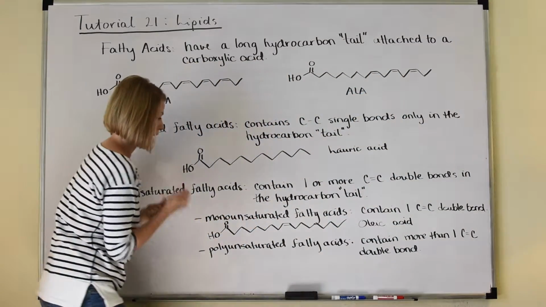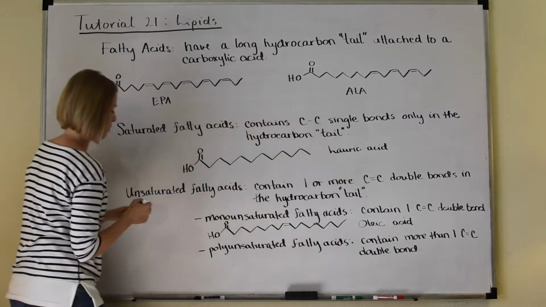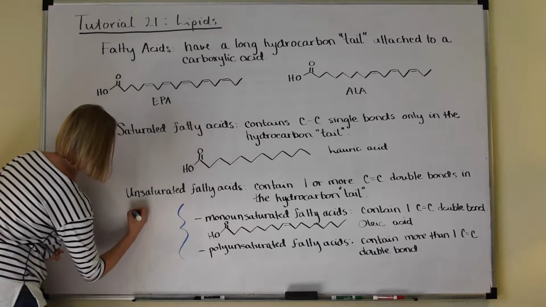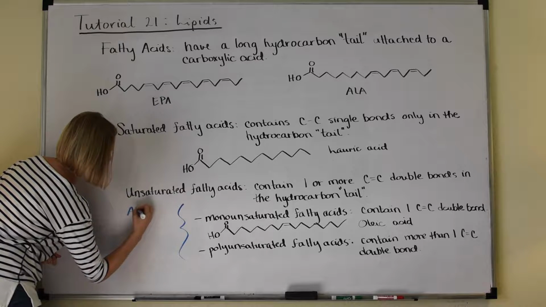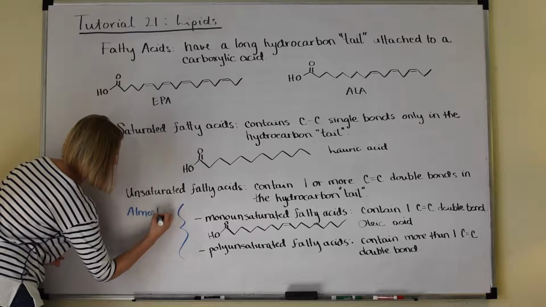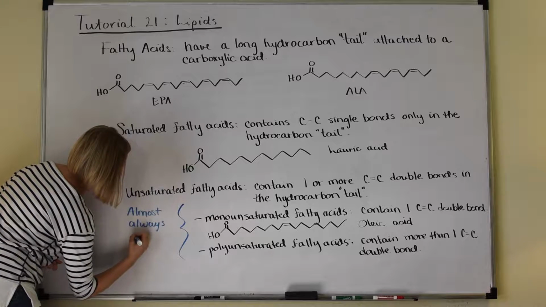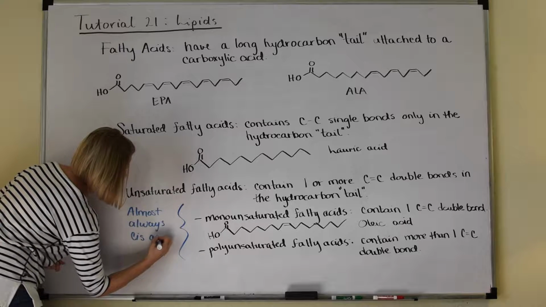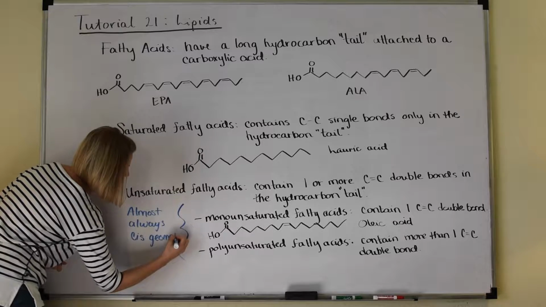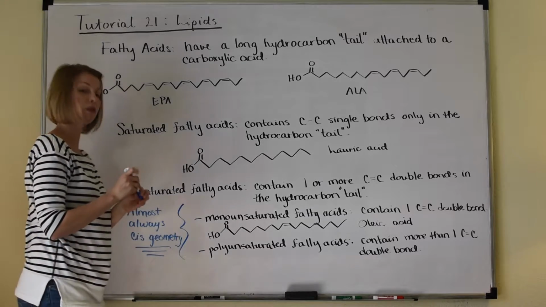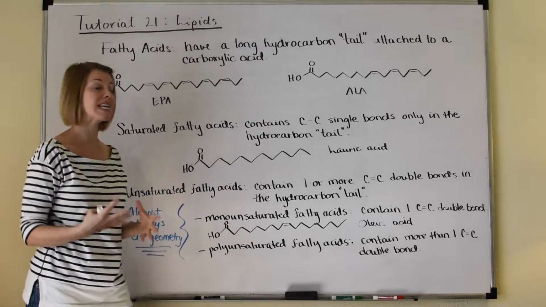So I'm going to go ahead and write one more thing down here before I forget, because it's really important. In nature, these are almost always of the cis geometry. Those double bonds will almost always have that cis geometry in nature.